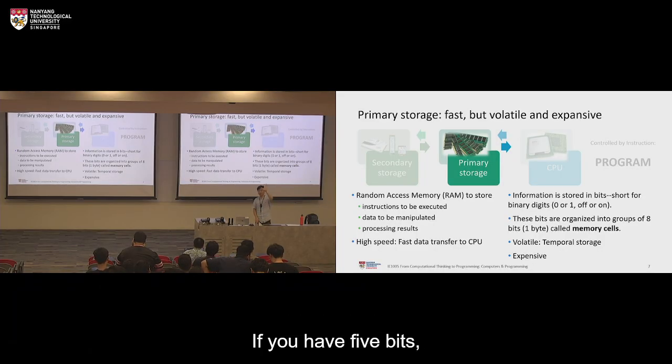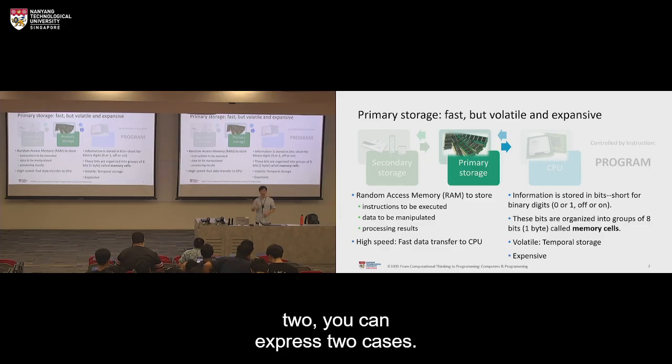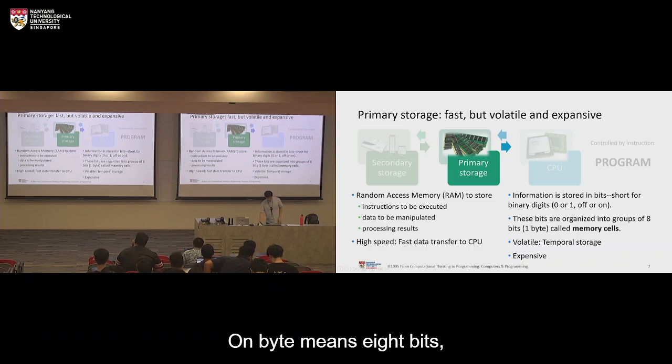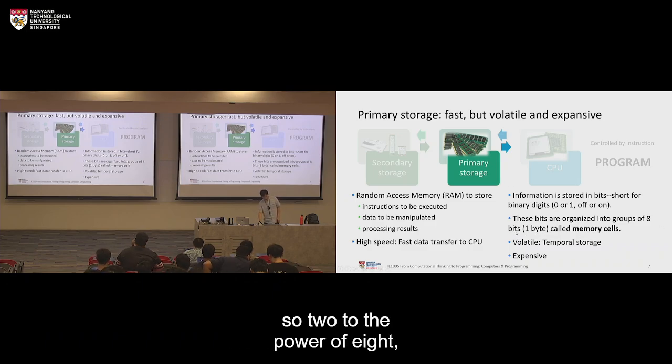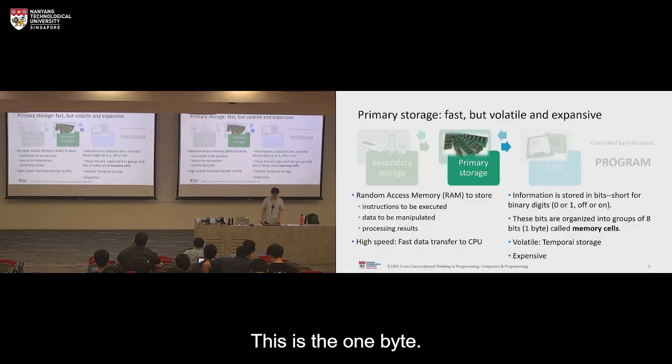If you have 5 bits, 2 to the power of 5, 32, you can express 32 cases. So 1 byte means 8 bits, so 2 to the power of 8, which is 256. So this is the 1 byte.